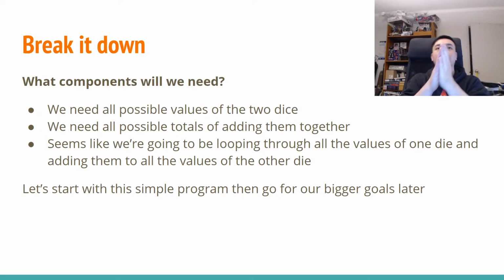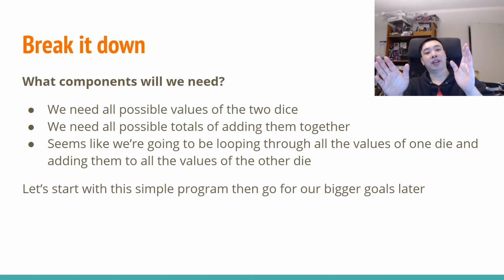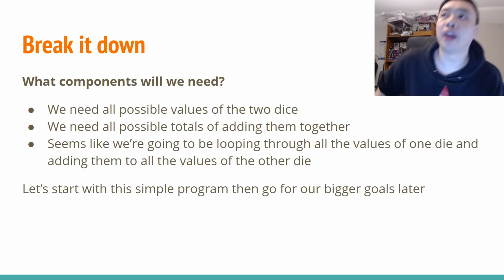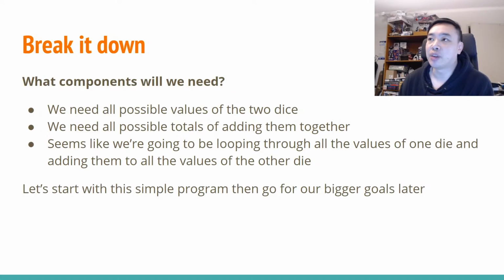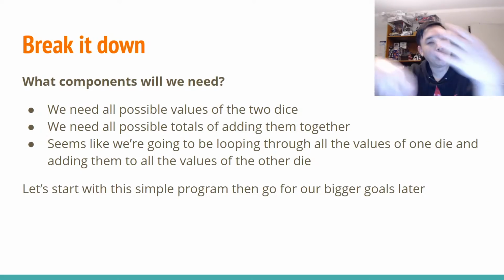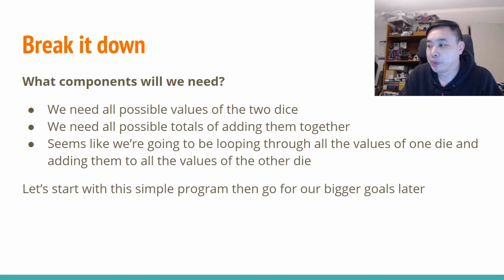But we're going to start with the easy things that we can manage first before we even think about the other things. When we're dealing with big problems, breaking it down into parts is quite important. This follows on from what I was saying about problem solving. I am focused on the goal, but I know that I should solve these smaller bits first before we get there. So the first thing we're going to do is just try to get all the values that the 2 dice can roll.